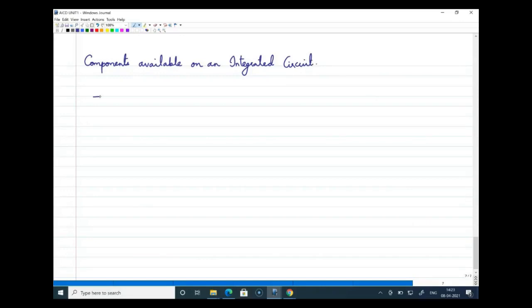What all components will be available on an IC based on your understanding? Typically on an integrated circuit, what are all the components? When I say components, you can think of those components as devices also.